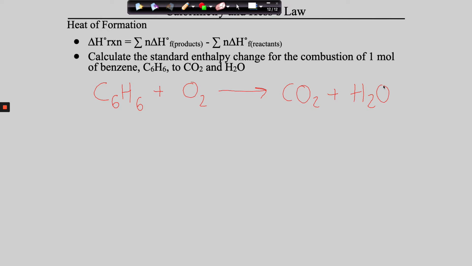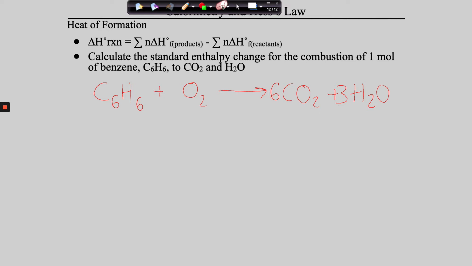Now guys, check this out. Let's balance the equation. 6 carbons, so we need a 6. Then we have 6 hydrogens and 2 hydrogens, so we need a 3. But then, guys, we end up with an odd-even conflict because we have an odd number of hydrogens coming from here.